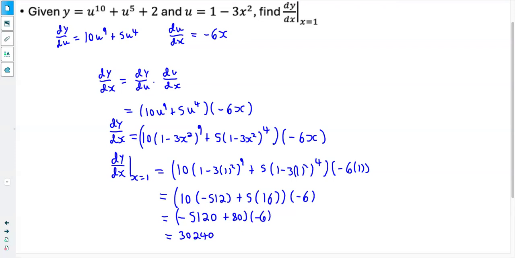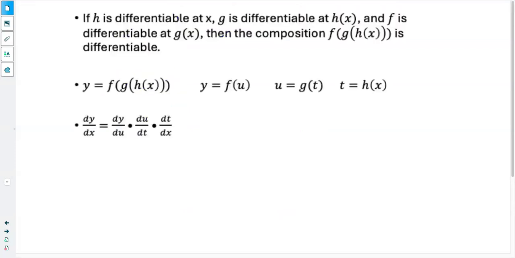Now, so far we've only looked at a composite function involving just two functions, but of course composite functions can have more than two functions. So if, for example, we had f of g of h of x, as long as all three of those functions are differentiable at x, then the overall function is differentiable at x.